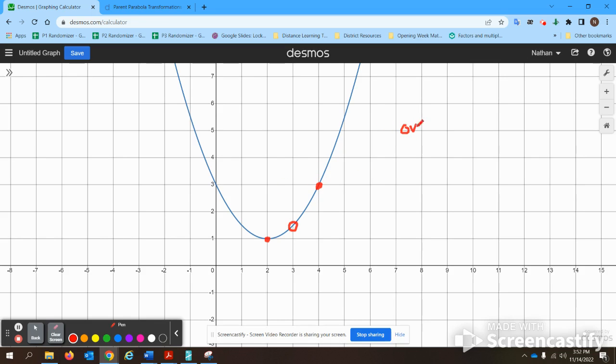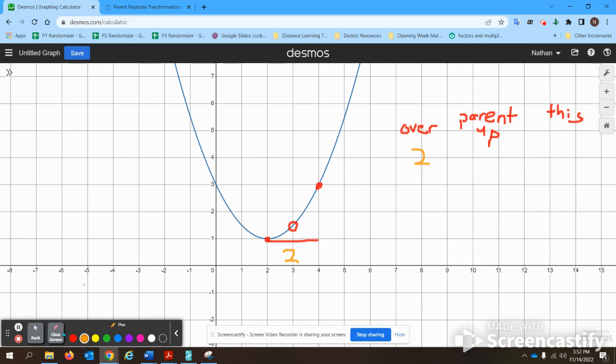So once again, over, the parent vertical distance, and this one. So we can see that this is over 2.